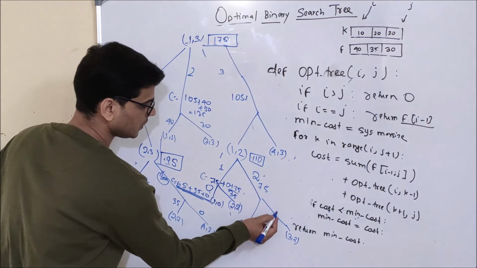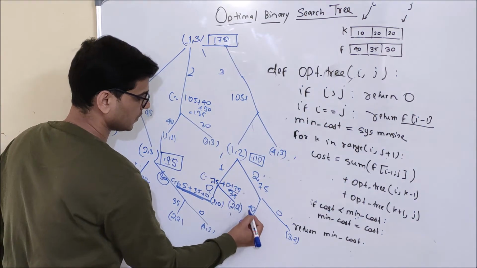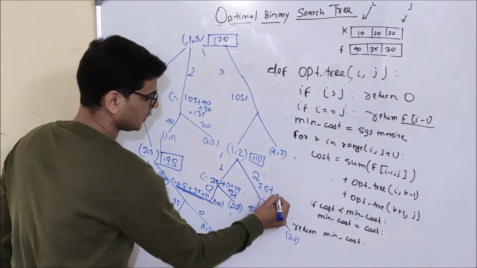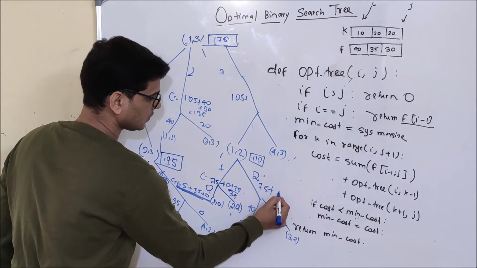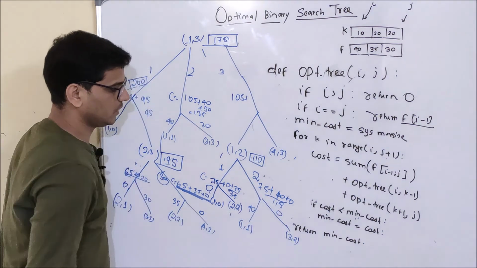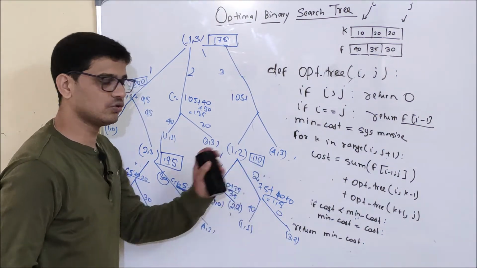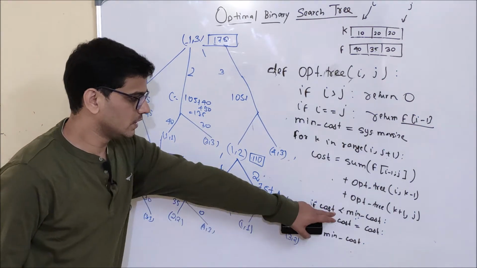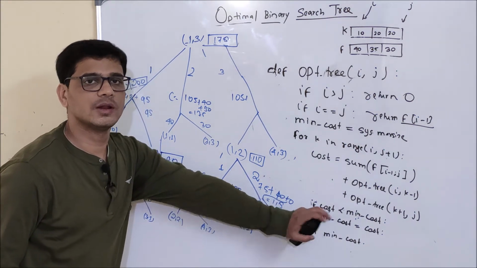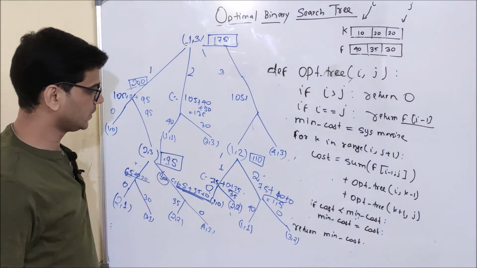From here 0 will be returned, and from here 40 will be returned. 75 plus 40 plus 0. This one is 115. So cost is 115. Mean cost is 110. This condition will be true or false? It will be false.